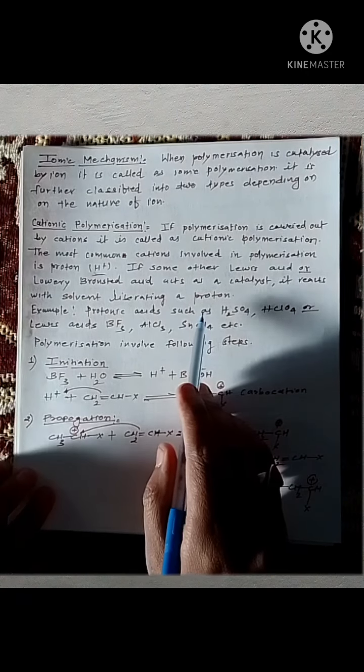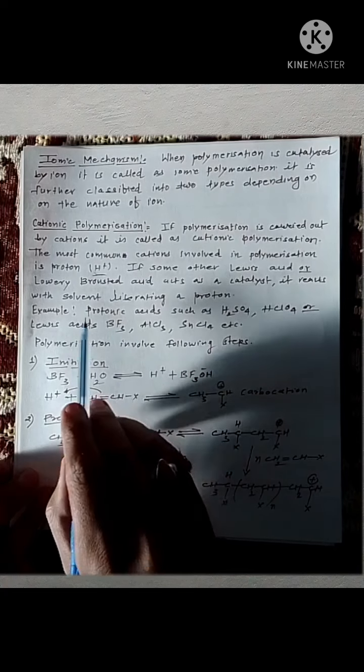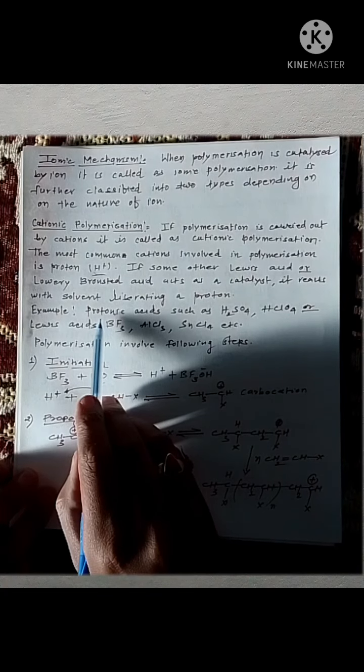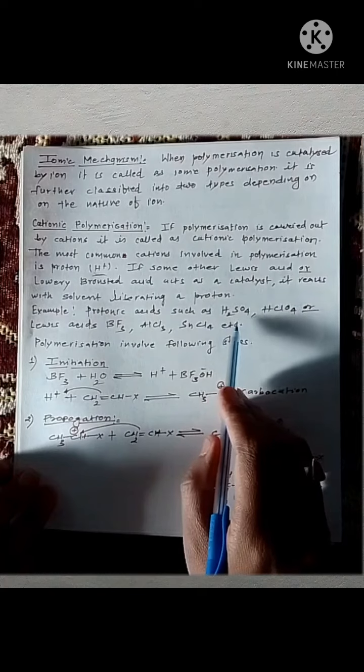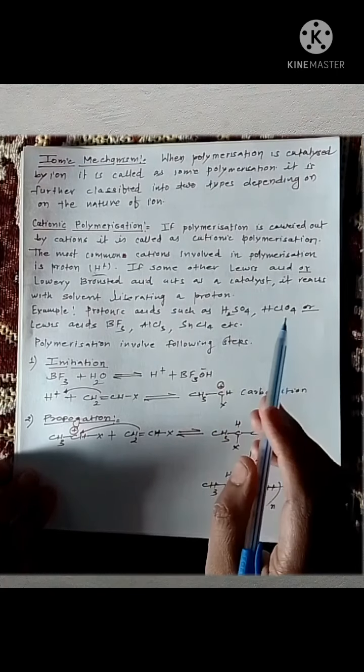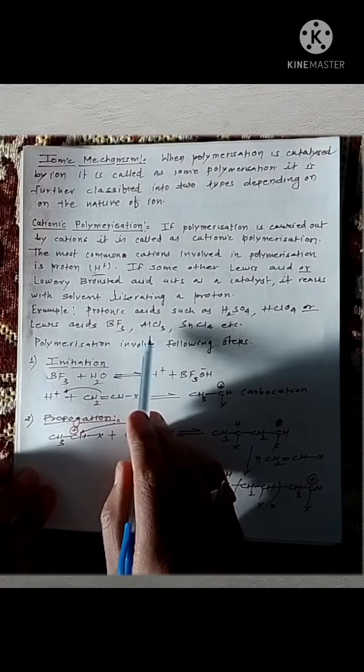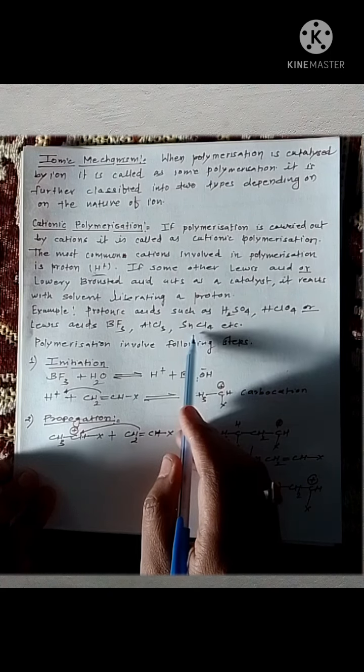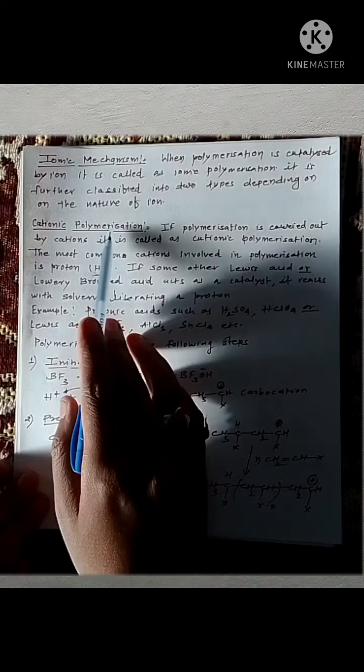Examples of some protonic acids are H2SO4 and perchloric acid; Lewis acids are BF3, AlCl3, stannous chloride, etc. This type of acid is generally used for the initiation of cationic polymerization.